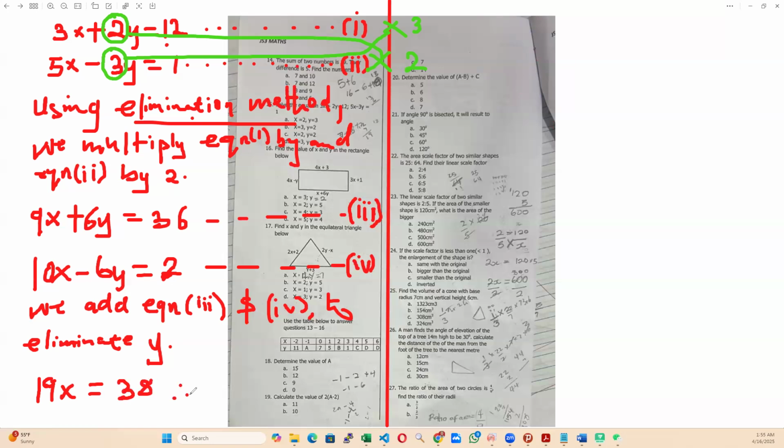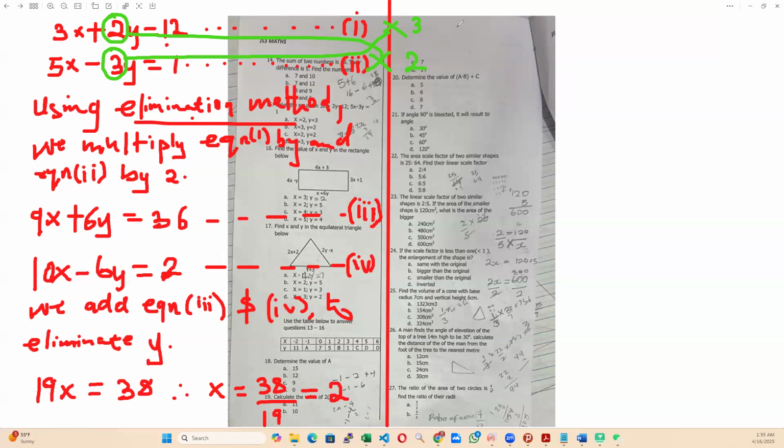So therefore, x will be equal to 38 divided by 19. 38 divided by 19, what would you get? It is 2. We have 2.